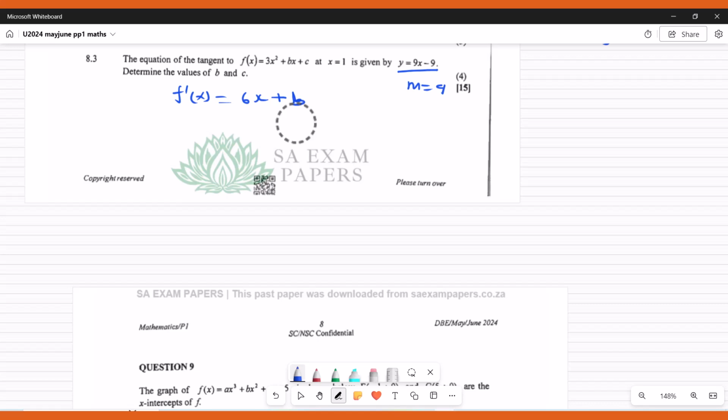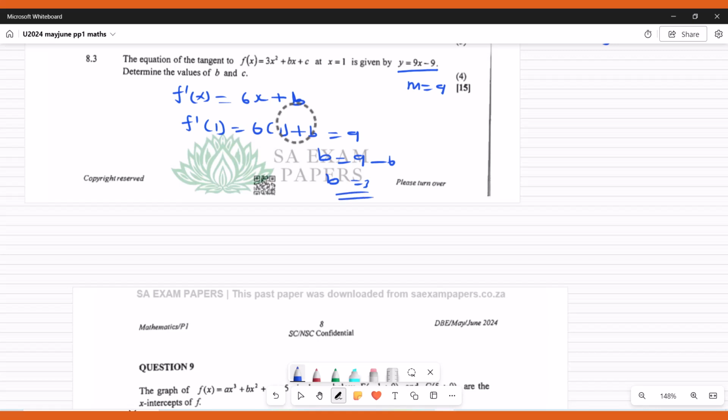So I must say that f derivative at 1 equals to 6 times 1 plus b should give me the 9. So what is 9 minus 6 to give us our b? Now 9 minus 6 gives us b as 3.